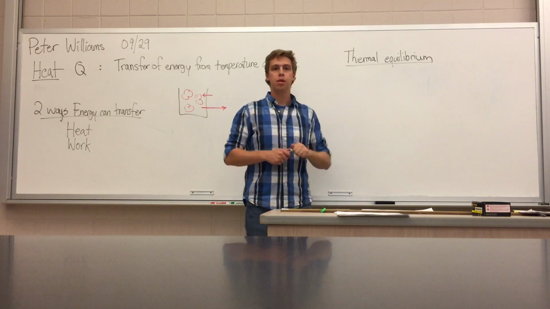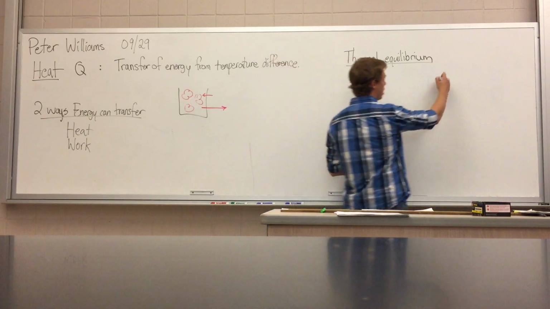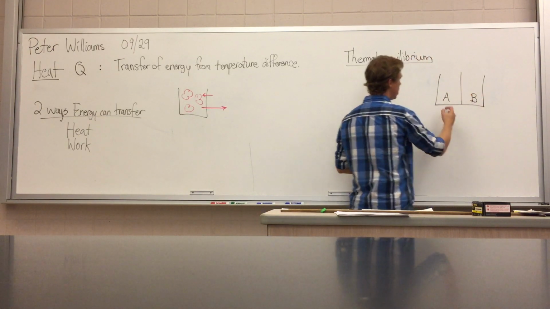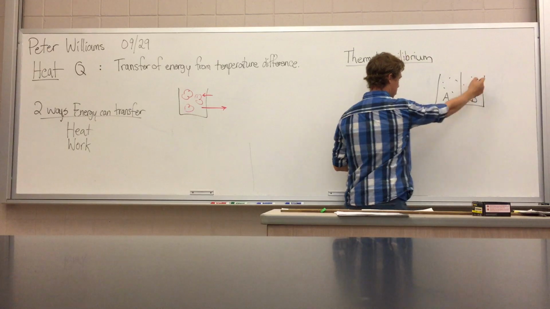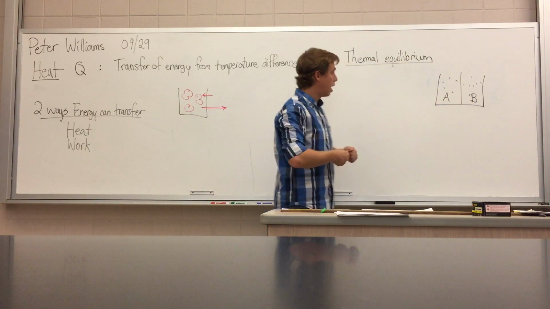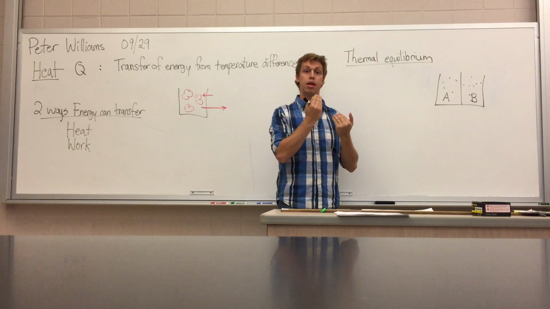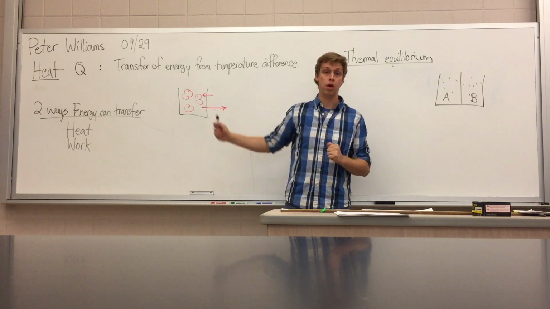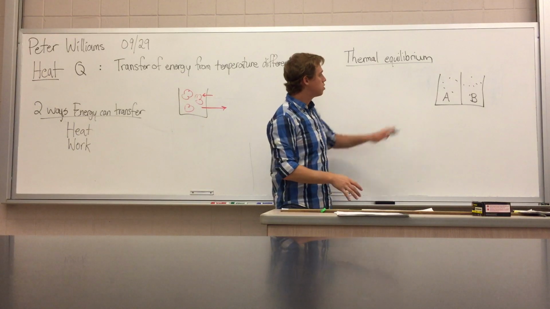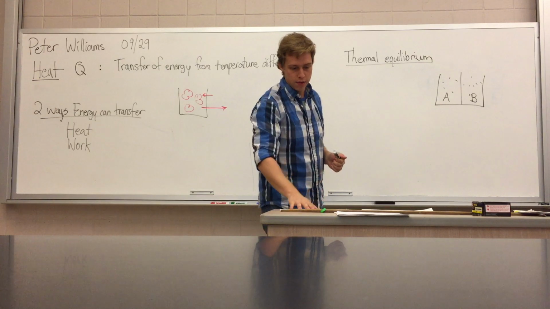So what thermal equilibrium between two systems means is that I can have system A and system B, and these are full of particles, right? A fluid or a gas or solids or whatever they are. And I can have them next to each other, and there is no temperature difference, and thus there's no heat flowing, right? Heat is transfer of energy from temperature difference. So, if these two are in thermal equilibrium, no heat can flow.